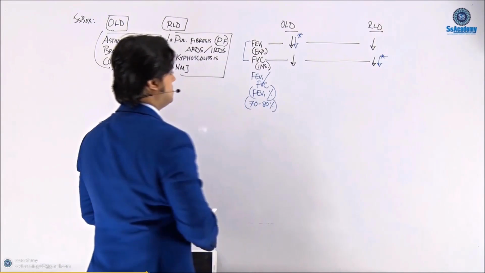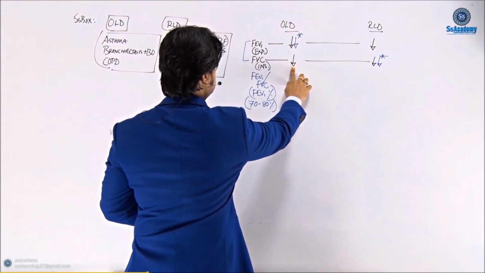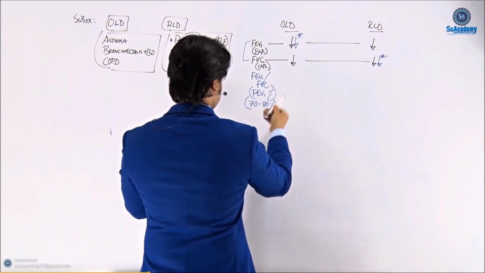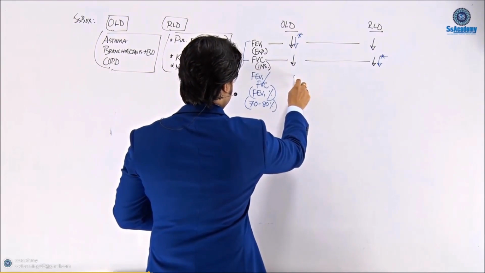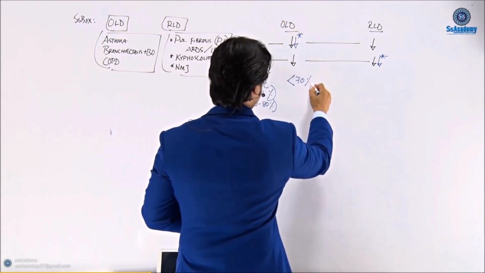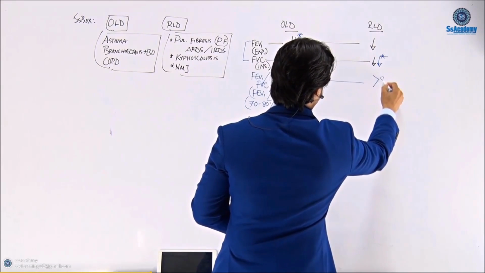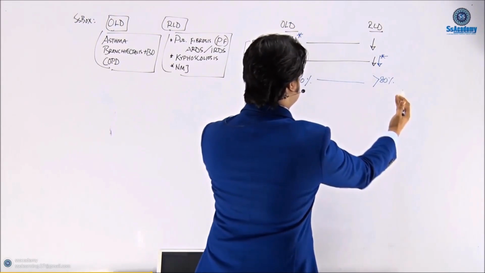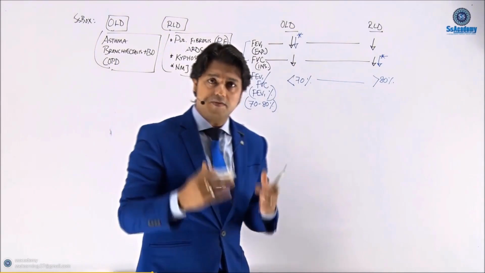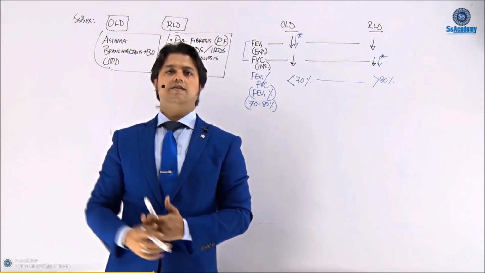If you get the ratio, you see FEV1 is greatly reduced and FVC is reduced. So in case of obstructive airway disease, the ratio is less than 70%. In contrast, in restrictive lung disease, it is more than 80%. So obstruction is less than 70%, restriction is more than 80%.